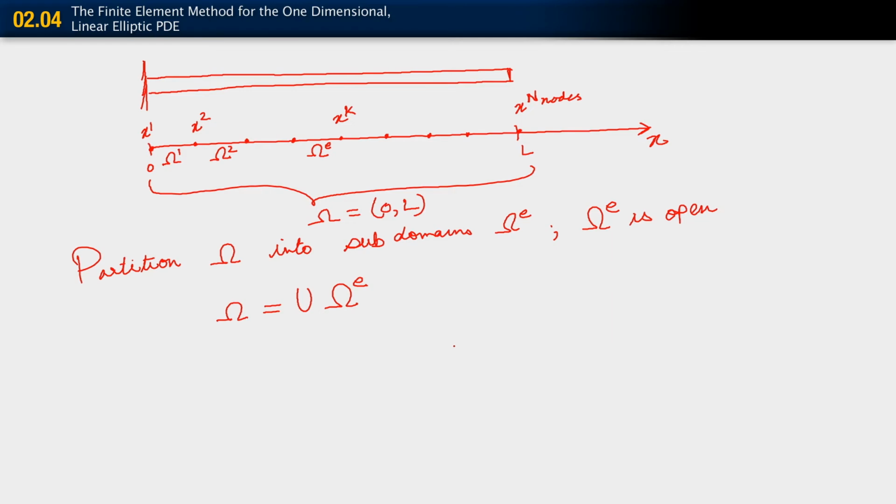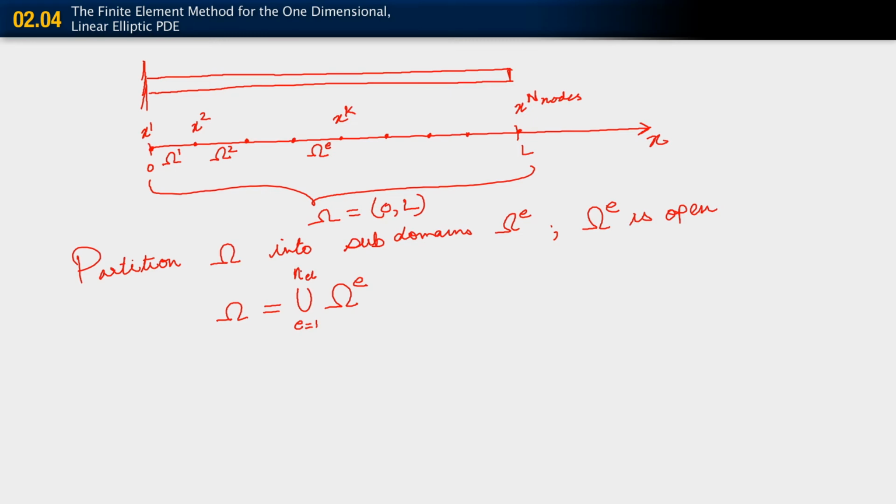So the total domain omega is the union, e equals 1 to n sub EL, which for very obvious reasons is the number of elements. Okay? So the domain omega is the union of each of these subdomains omega sub e, and e here runs from 1 to NEL.